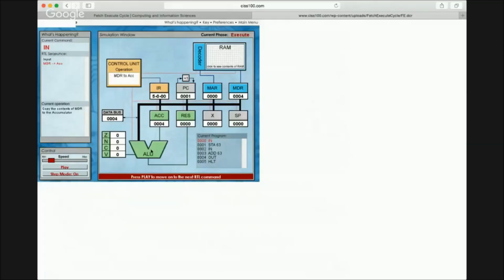It will then get executed, and to execute STORE 63, I need to store this value back out to RAM. So this value 4 somehow has to get to the memory data register, and the value 63 has to be in the address register so that I can store value 4 in 63. So let's step through it. So PC 1 goes to memory address register 1.